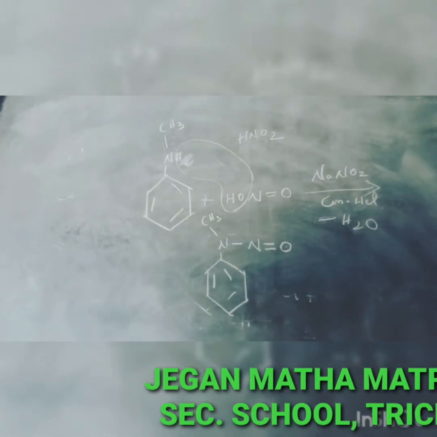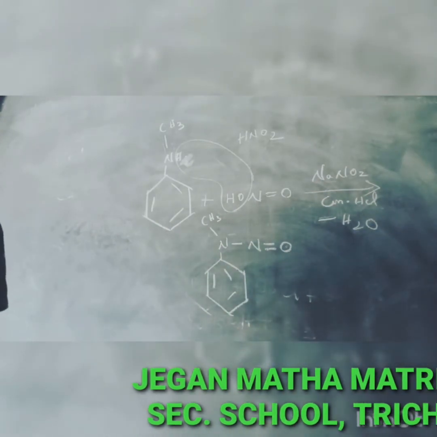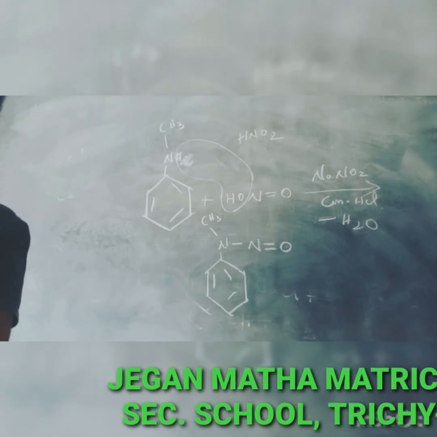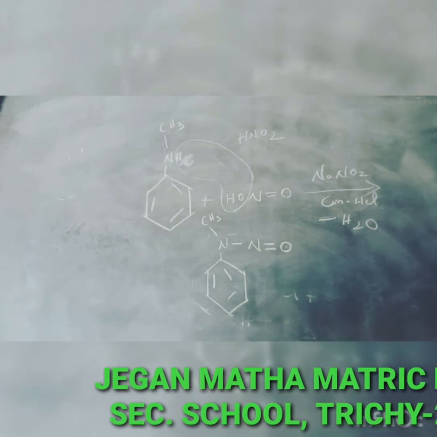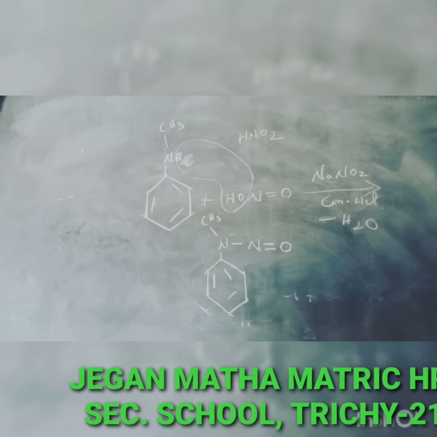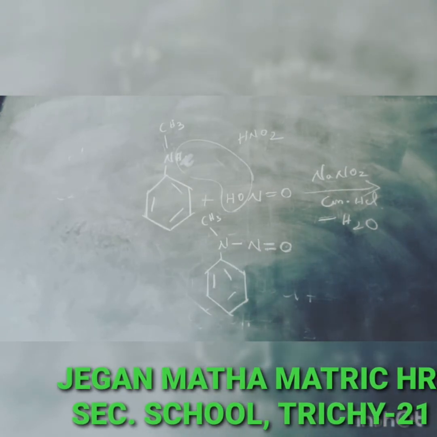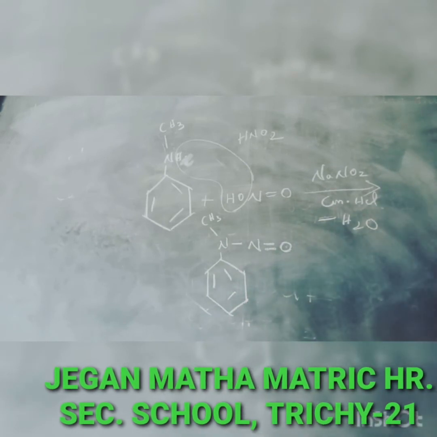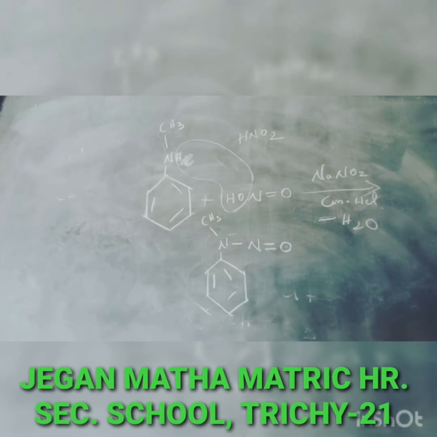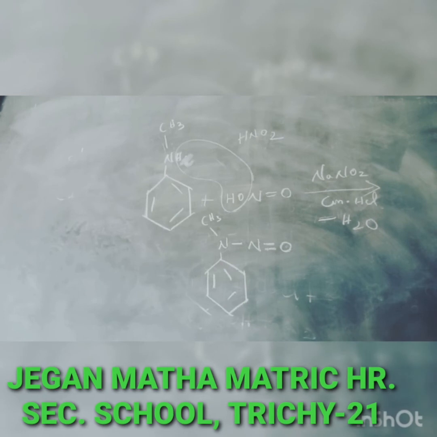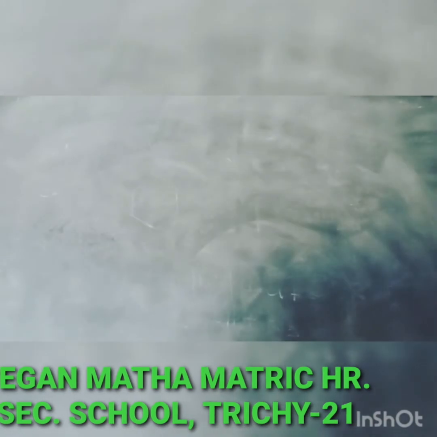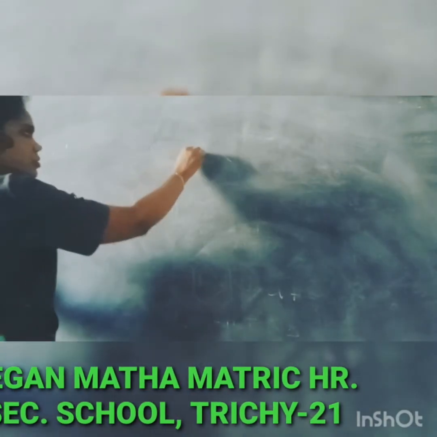Aliphatic tertiary amine reacts with nitrous acid to form a trialkyl ammonium nitrite salt, which is soluble in water. First, trimethylamine in the presence of nitrous acid is converted into trimethyl ammonium nitrite. Trimethylamine means (CH3)3N, which is reacted with HNO2 and gives (CH3)3NH+ NO2-.